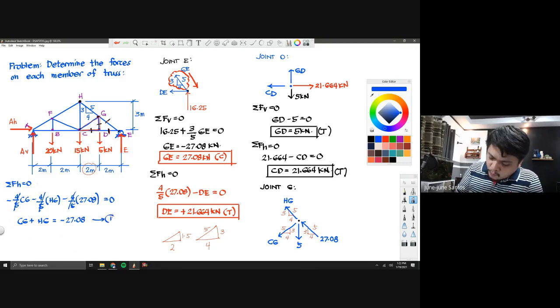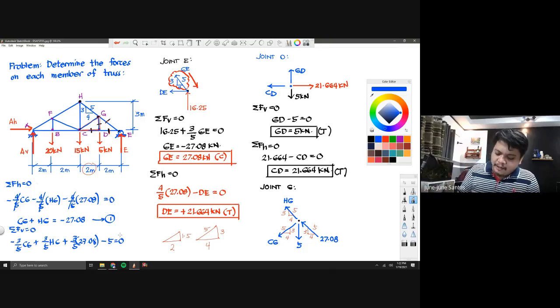Equation 1. Okay? Next, I could have it summation forces vertical equal to 0. So, pataas, line ko si CG. So, minus 3 all over 5 of CG plus 3 all over 5 of HG plus 3 all over 5 of 27.08 and then minus 5 equal to 0. Okay?